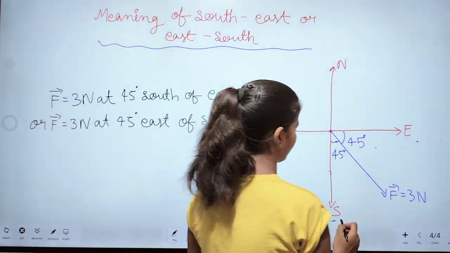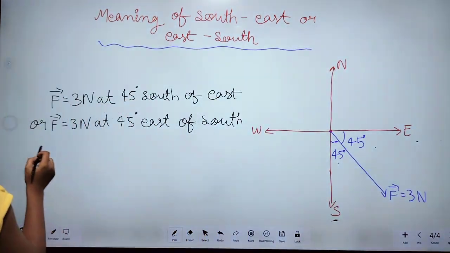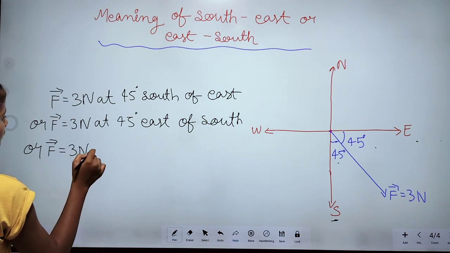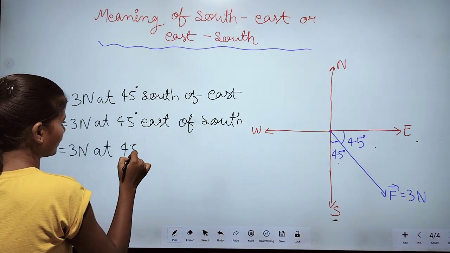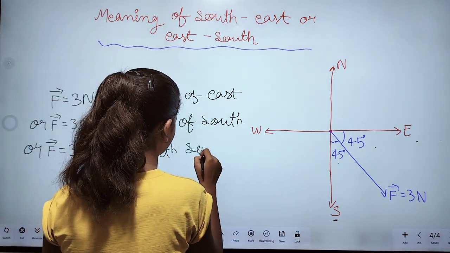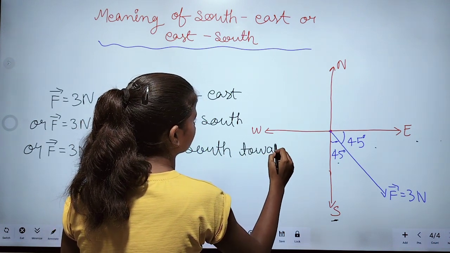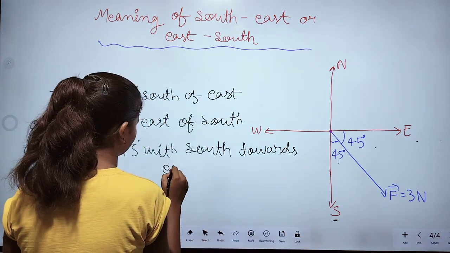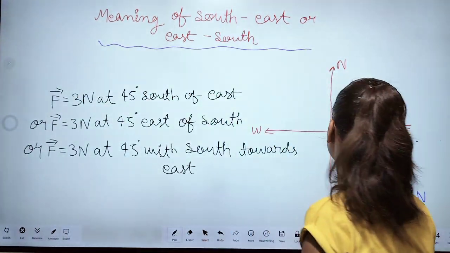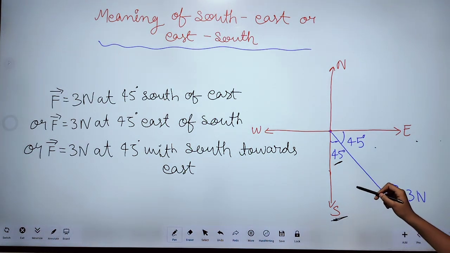Okay, 45 degree east of south, or F vector is equal to 3 Newton at 45 degree with south towards east. Force is equal to 3 Newton at 45 degree with south towards east.